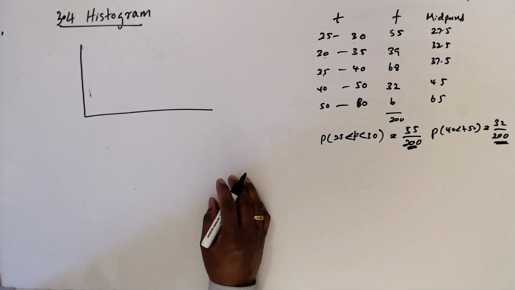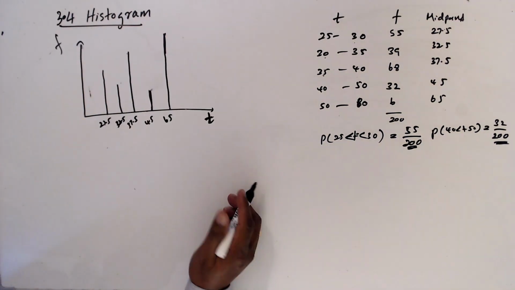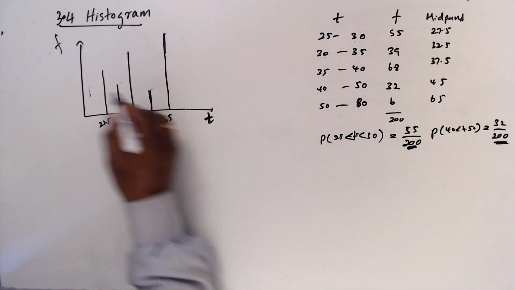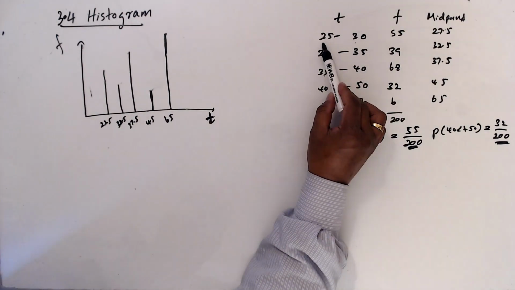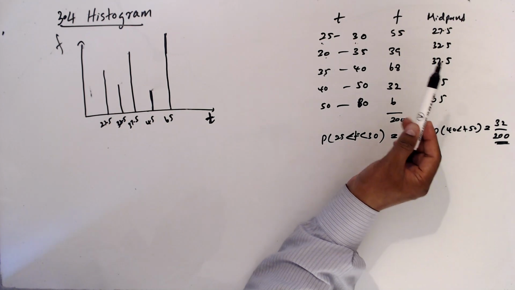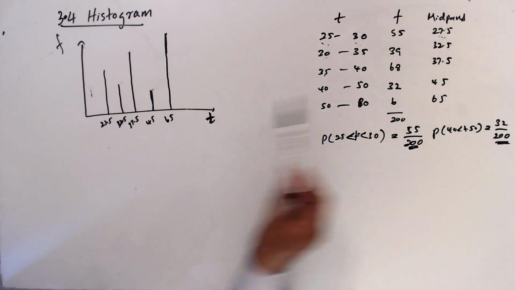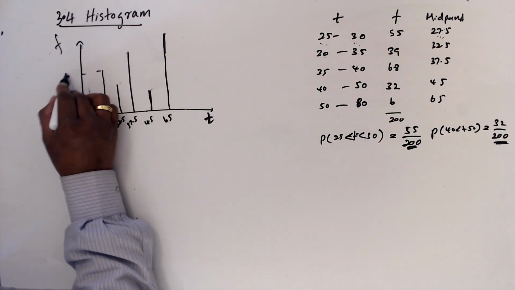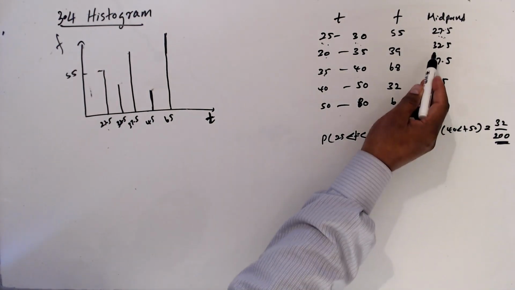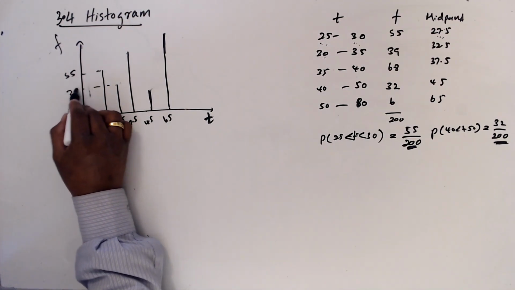So now if I draw a graph here, t against frequency, I can't write 25 to 30, so I select the midpoint 27.5. Its frequency is 55. And 32.5, that frequency is going to be 39.